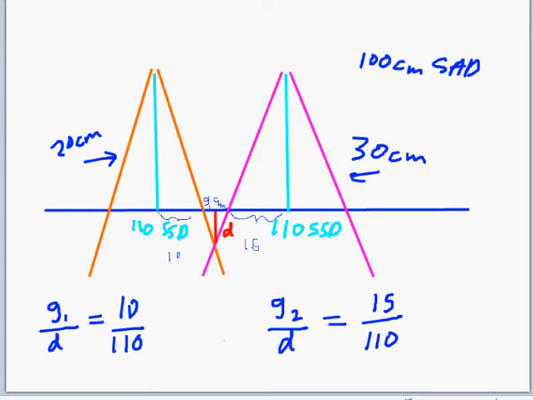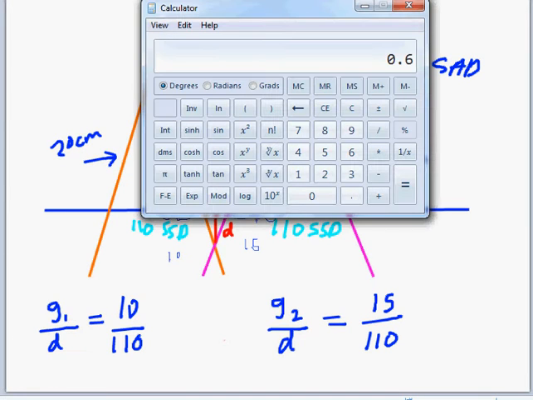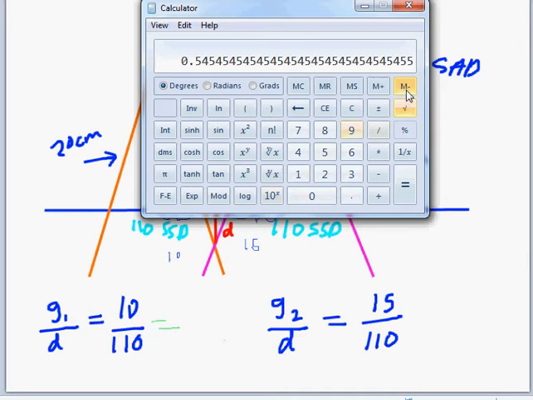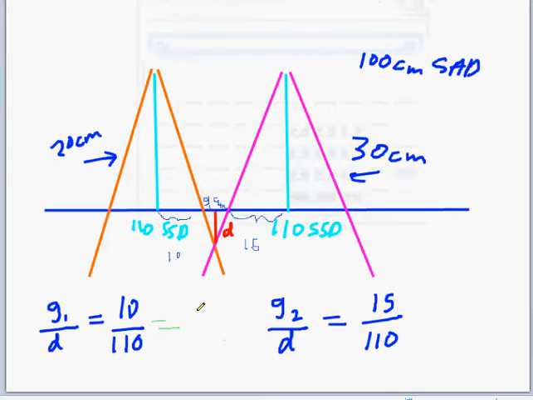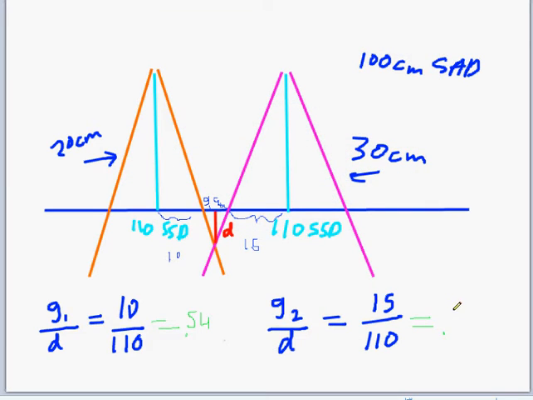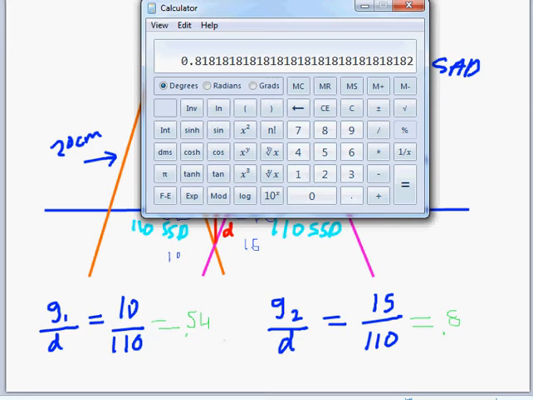Let's just say using a depth of 6 like we have been using, we'll take 10 divided by 110 times 6, and so on this side, this is going to be 0.54 cm, and on the other side, we're going to have 15 divided by 110 times 6, 0.81, or is it 0.82? Let's see. I guess we'll call it 0.82.